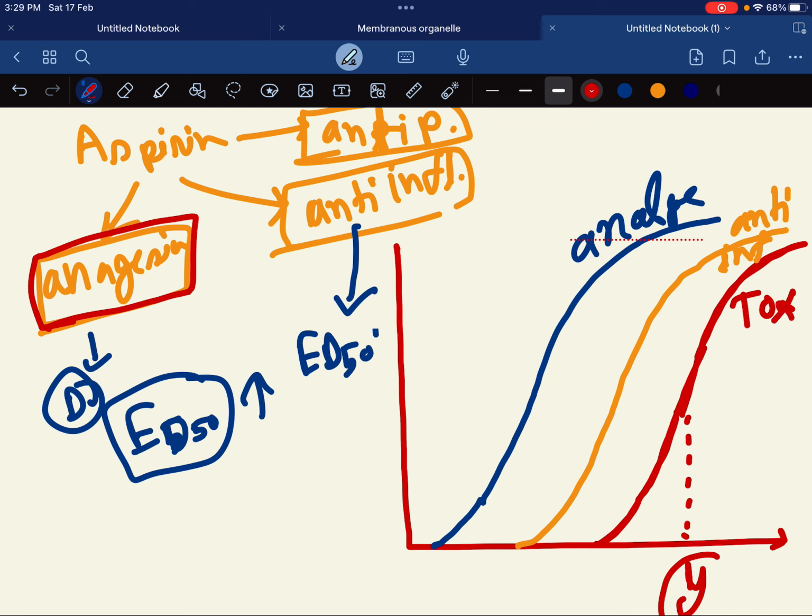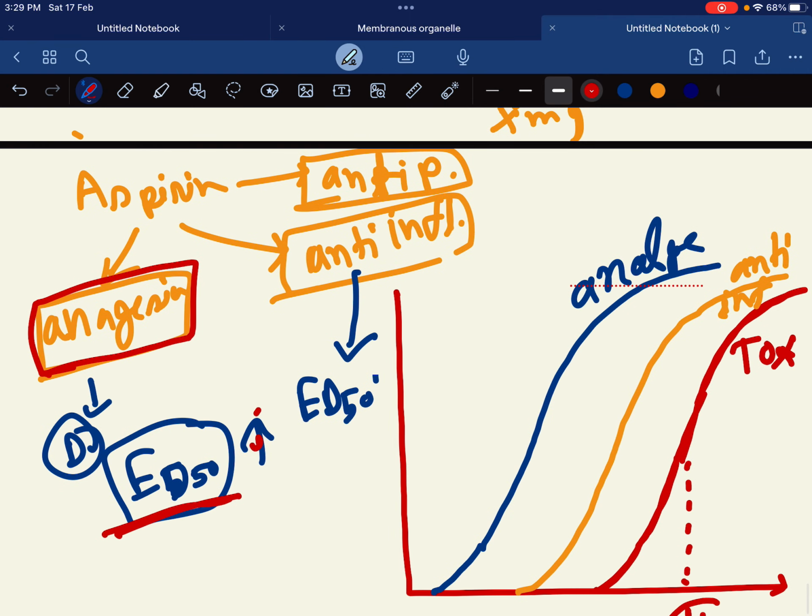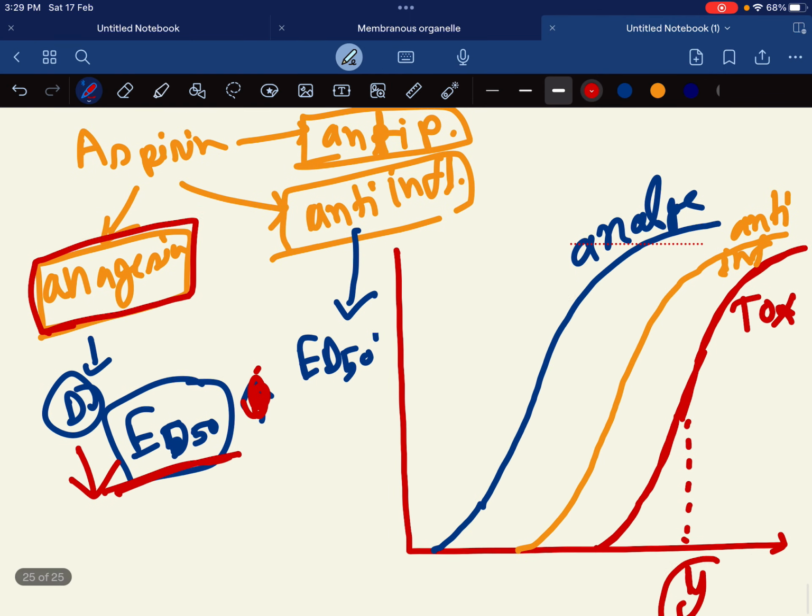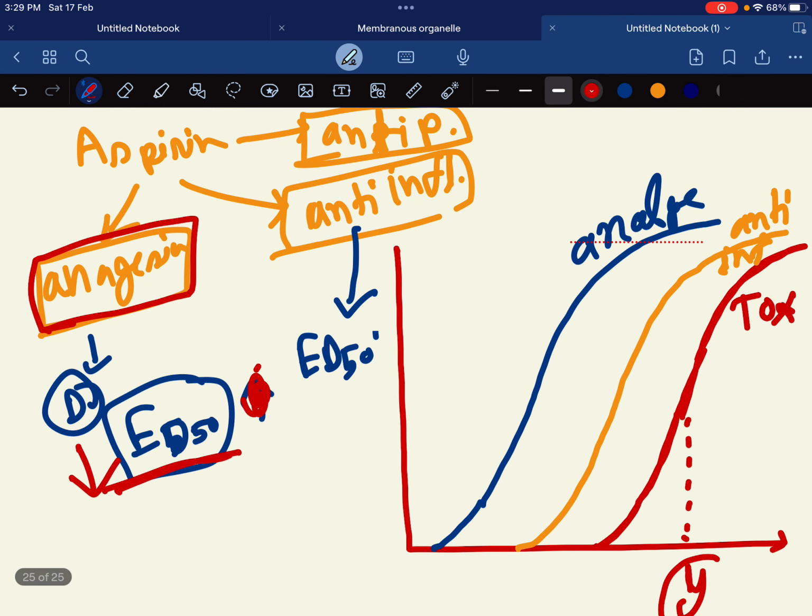So for making analgesia, only a small amount of drug is required. So ED50 is less for analgesia, and the ratio of TD50 and ED50 will be higher. That means the therapeutic index will be higher.